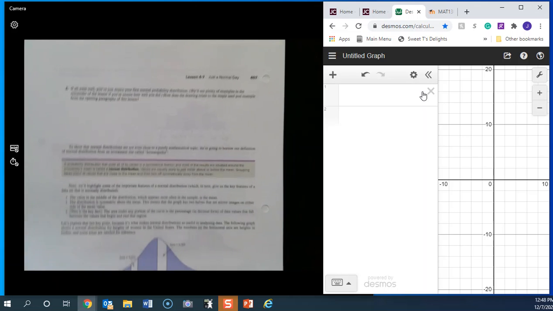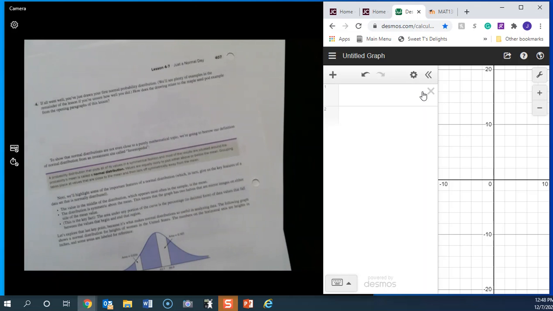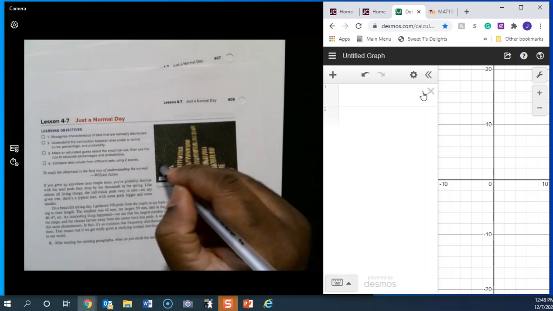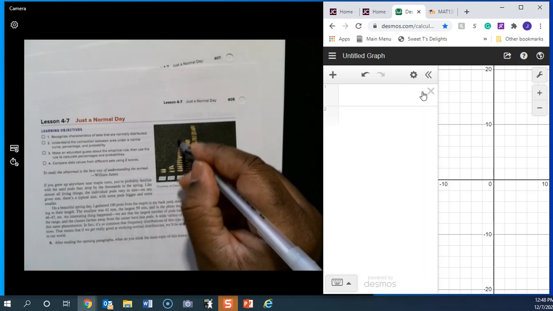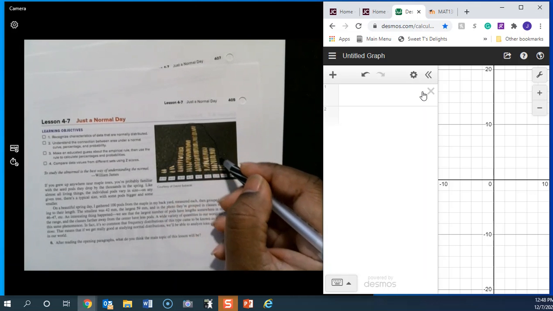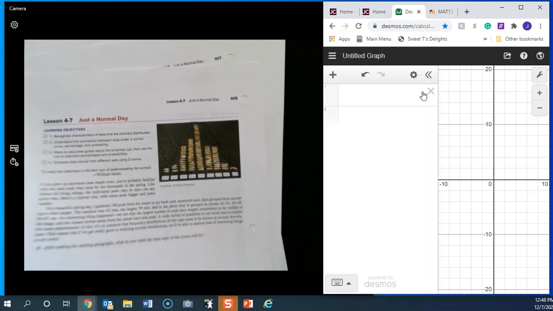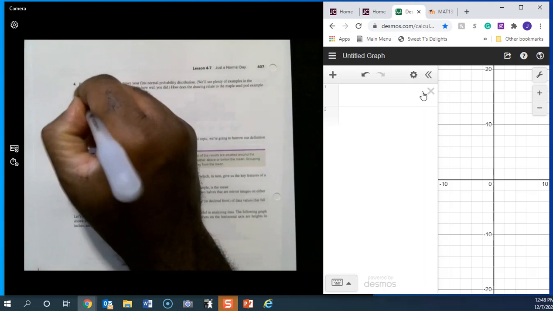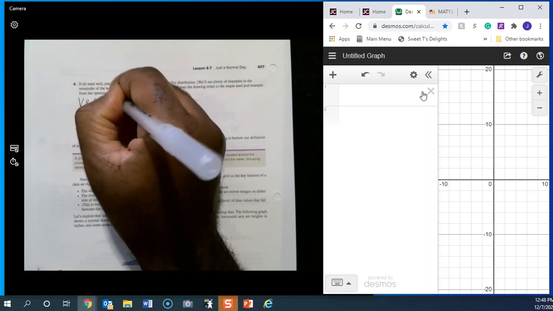Now, if we go back to the maple seed pod, this is on page 405. If you notice here, if we did draw a graph here, it would go very similar to what we had. So it'll be very, very similar. So we will put very similar.